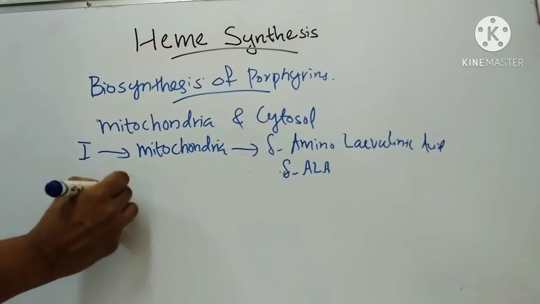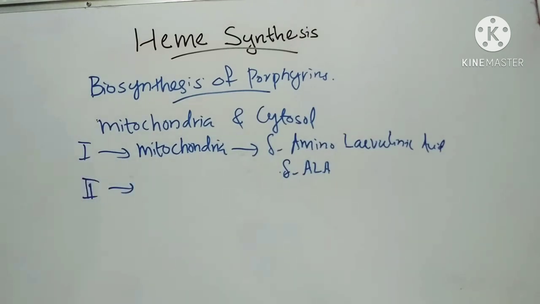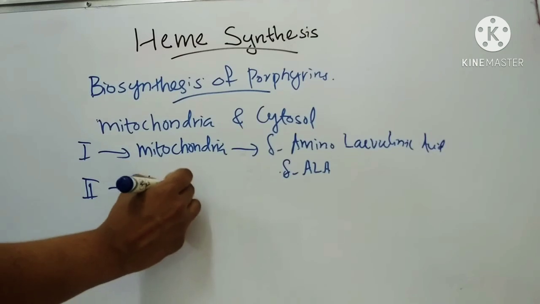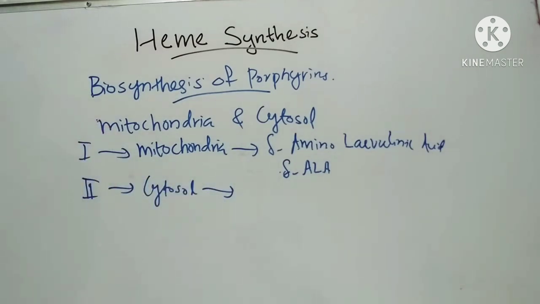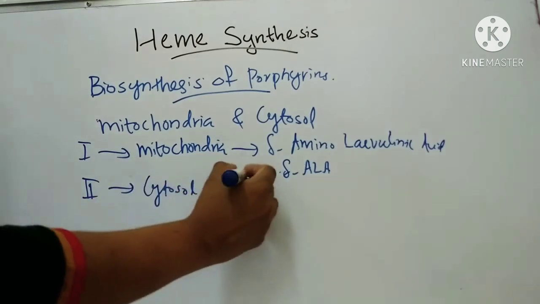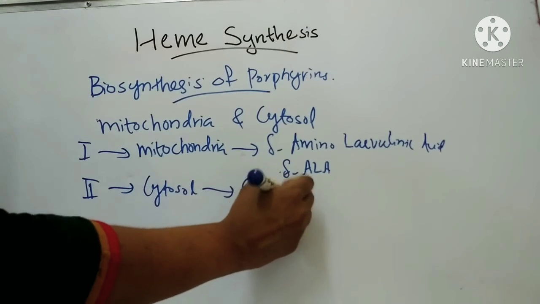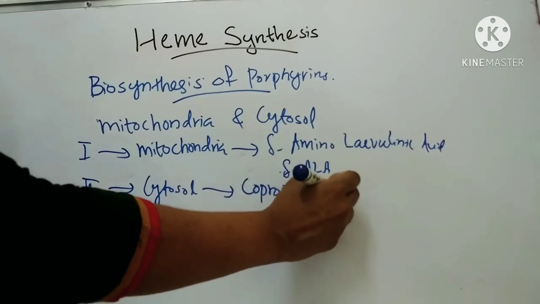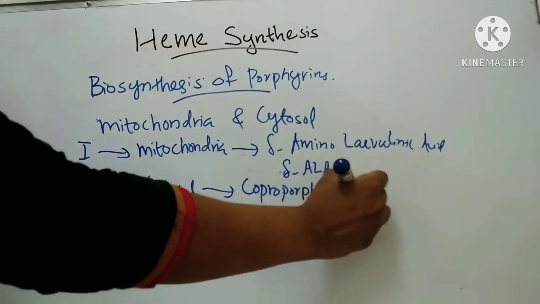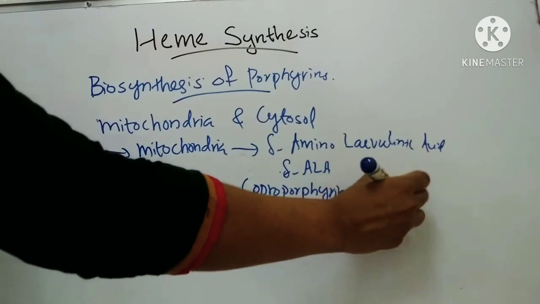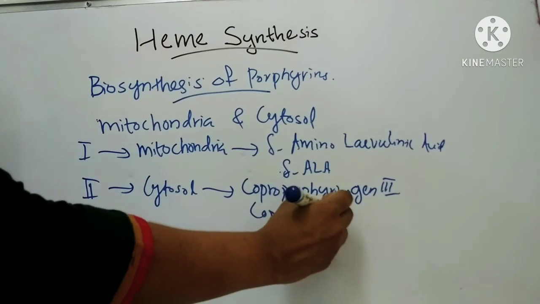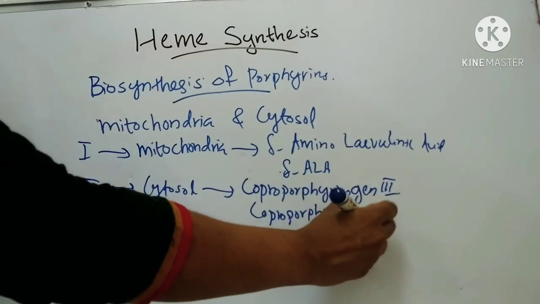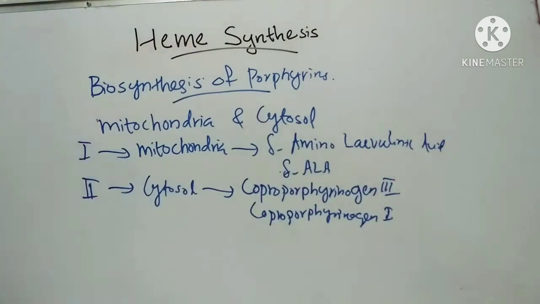Coming to stage 2, it takes place in cytosol. It is the synthesis of coproporphyrinogen 3, that is the major series, and coproporphyrinogen 1, that is the minor series.